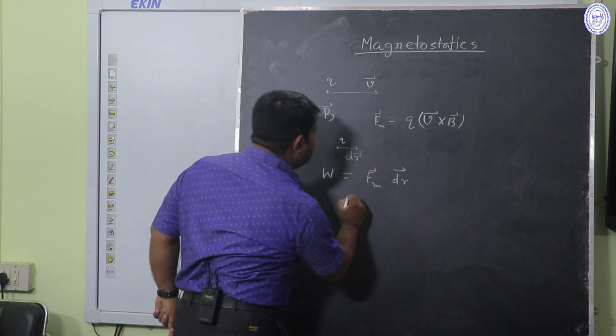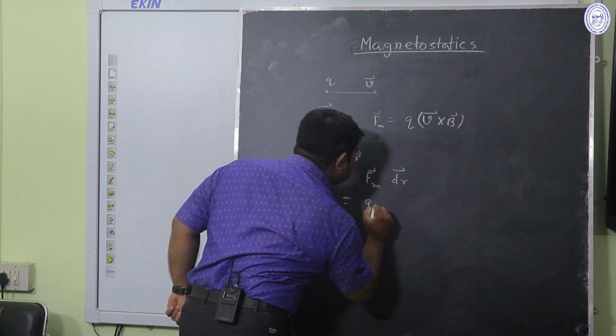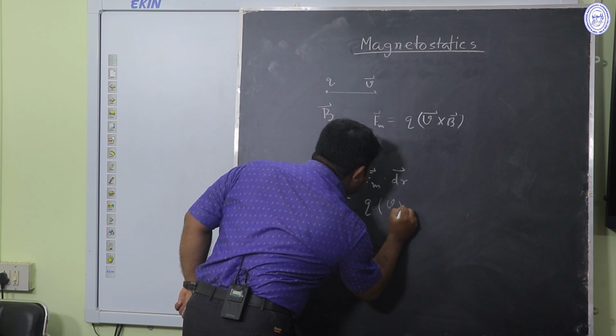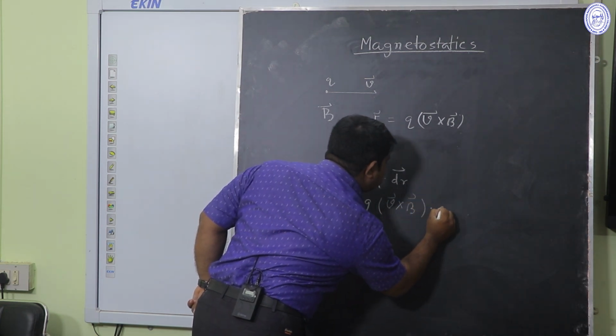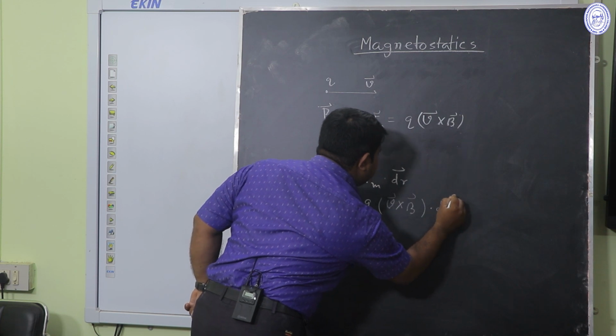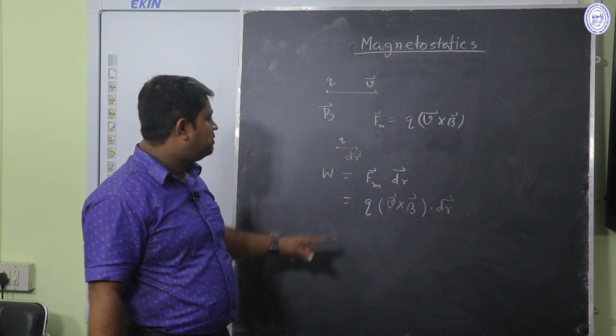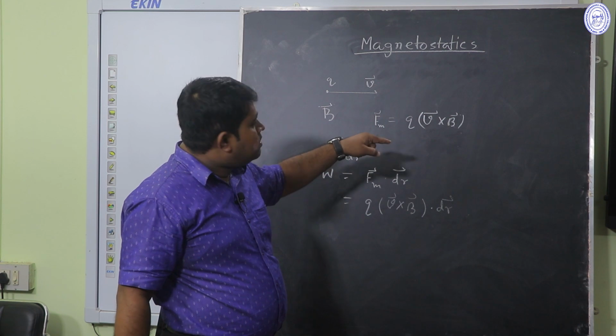So, with force equal to q into v cross B, W is equal to q v cross B dot dr, where dr is the displacement of the charged particle due to the magnetic field.